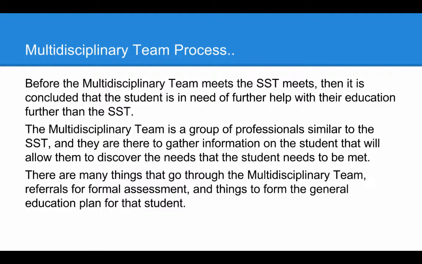They're a group of professionals, and they are there to gather information on the student that will allow them to discover what that student needs to meet their educational requirements. There are many things that the multidisciplinary team goes through. They are given referrals for formal assessment and things like that.